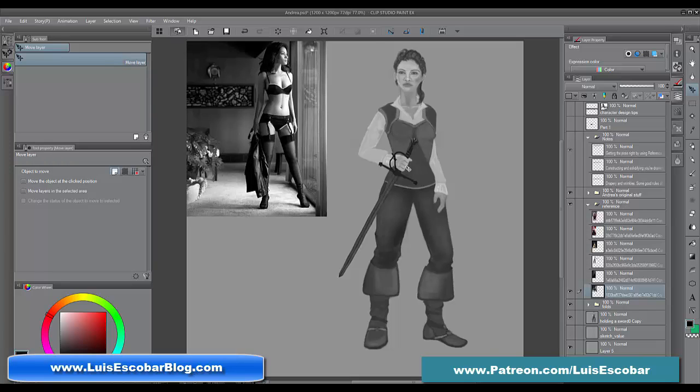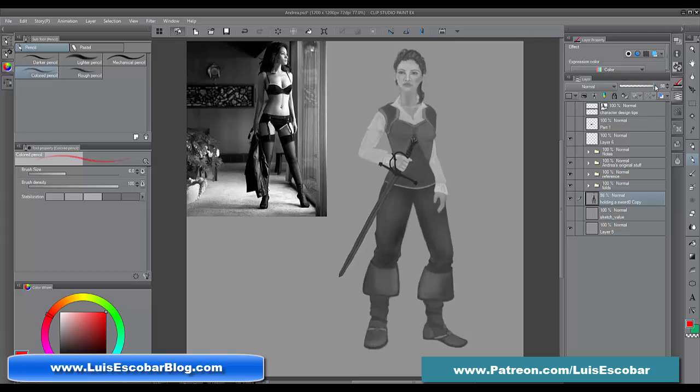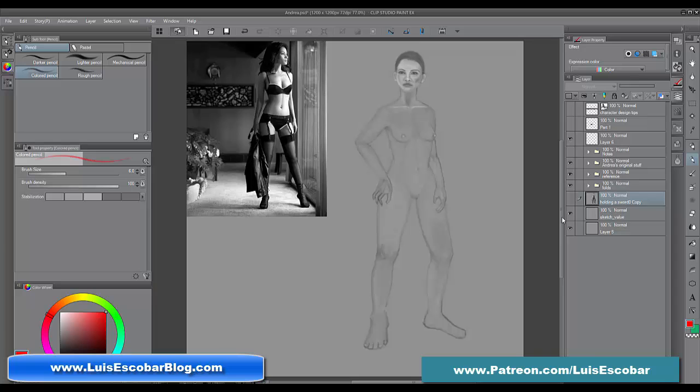Okay, so in order to fix this pose, in order to get this to be a little bit more dynamic, we're going to have to study how her weight distribution is in this drawing here. Now, before I actually start working specifically on this drawing, I'm going to bring up the other drawing that Andrea provided for me.